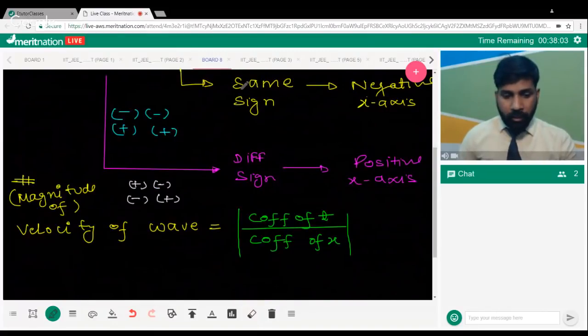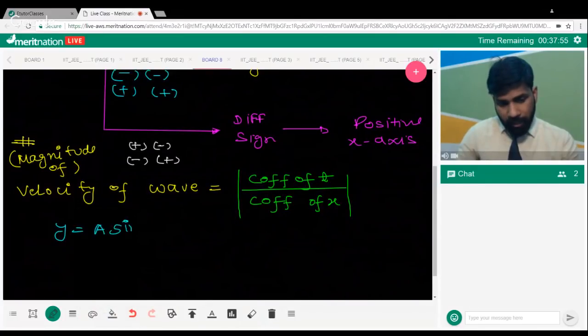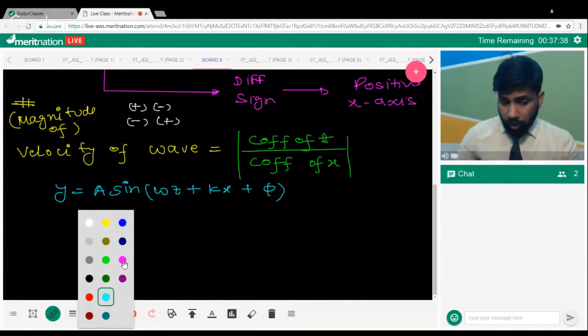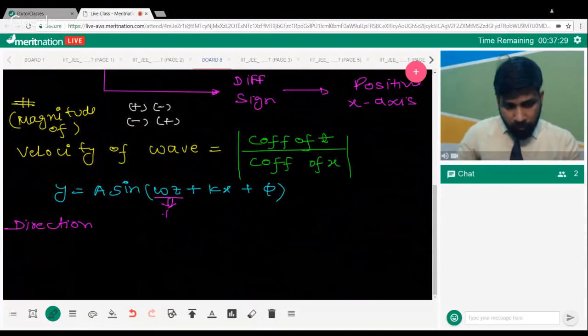Right now you can see, suppose this is the equation of wave, y is equal to a sine omega t plus kx plus phi. Suppose we need to find out the direction of motion of wave, as well as the magnitude of velocity of wave. So first of all, if we talk about the direction, then we need to check the sign of t and x. See here, sign of t is positive.